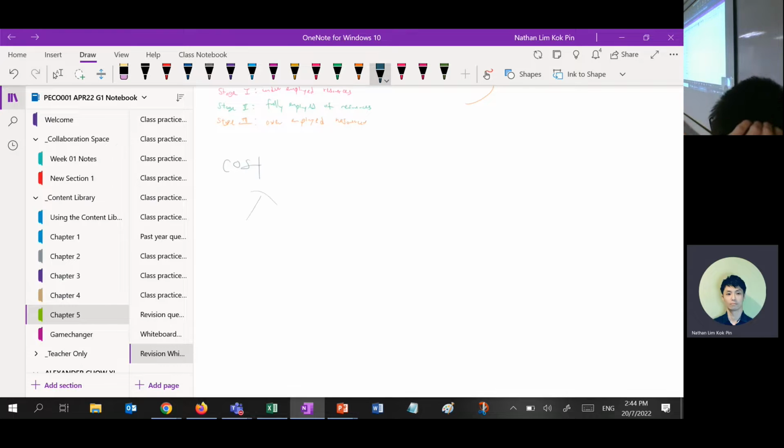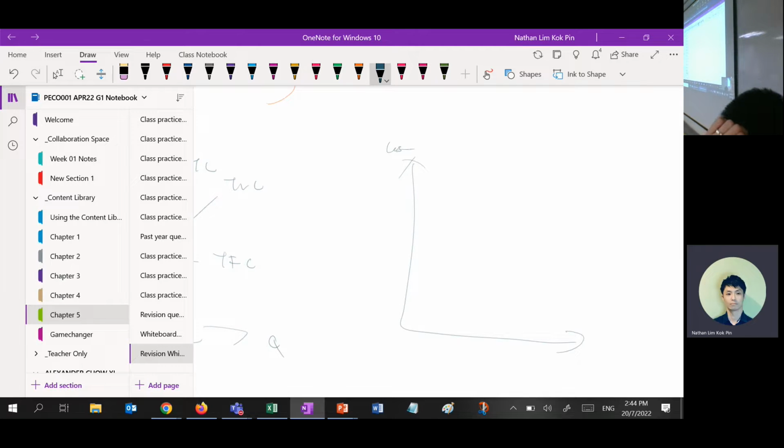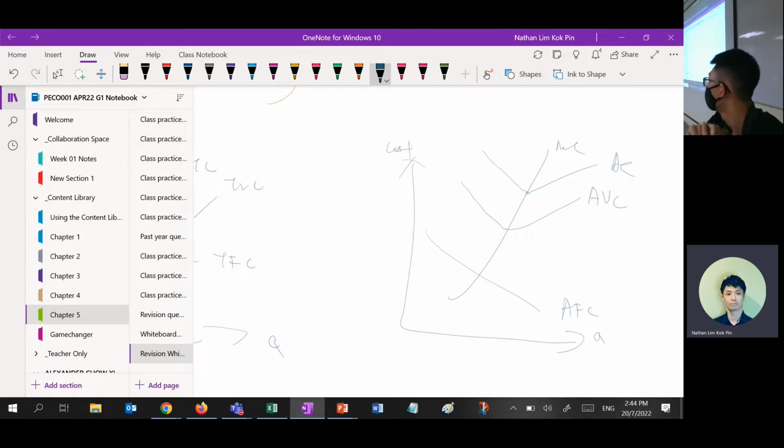Cost: total fixed cost, total variable cost, total cost. This is one of the cost curves, with quantity on the horizontal axis. Another type of cost curve is average and marginal together: marginal cost, AVC, AC, AFC, something like that.